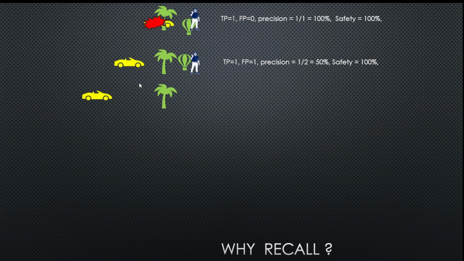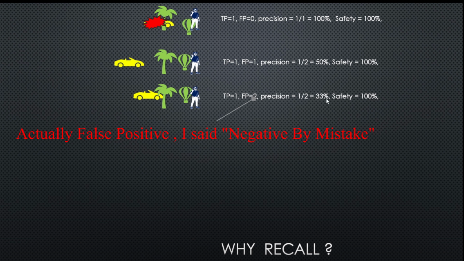So this company said, why so early, let's go a little closer, and again did so. So then out of these 3 cases, one was a true positive, and 2 times they have predicted positive wrongly. So the precision came down further from 50% to 33%, but still your safety is 100%.